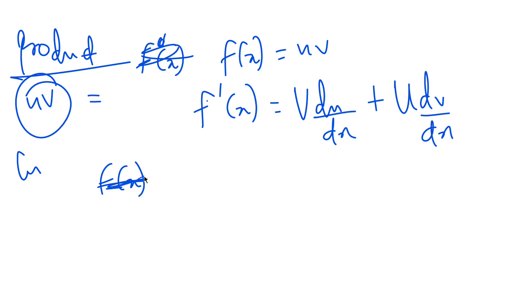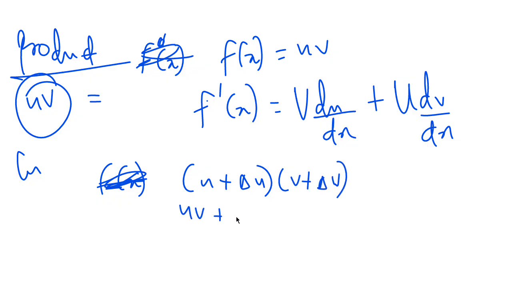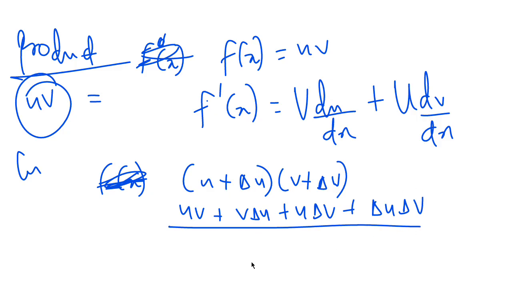If you should differentiate this, all you simply do is u plus change in u times v plus change in v, right? And then at the end you have uv plus v change in u plus u change in v plus change in u change in v, and then at the end of the day you divide by change in x, right?